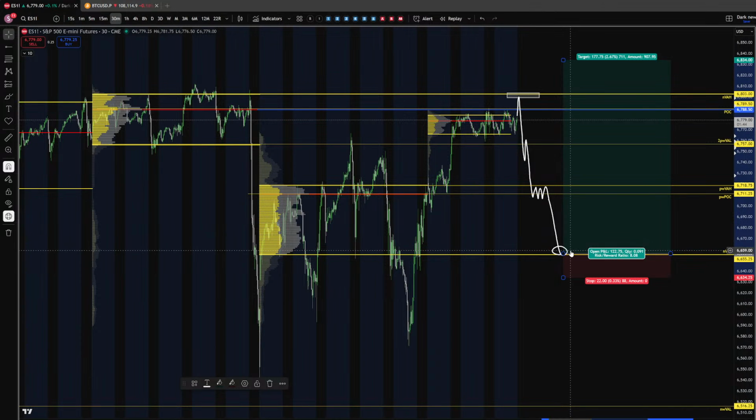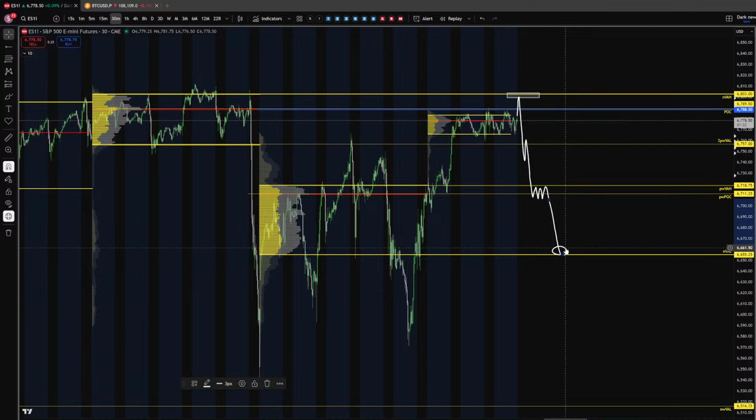This could be a play you could keep open for weeks. We might not revisit these lows, especially if we go below these lows here and clean this liquidity into this impulse area. That would be very great.